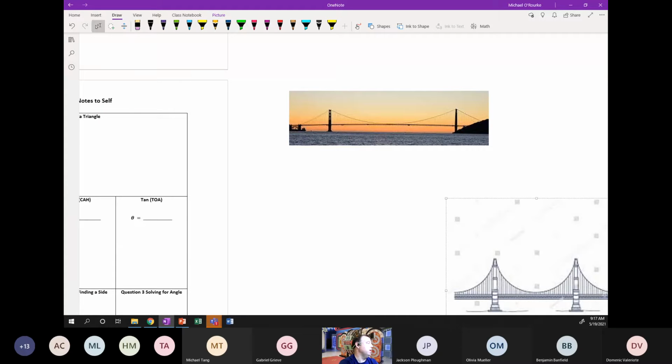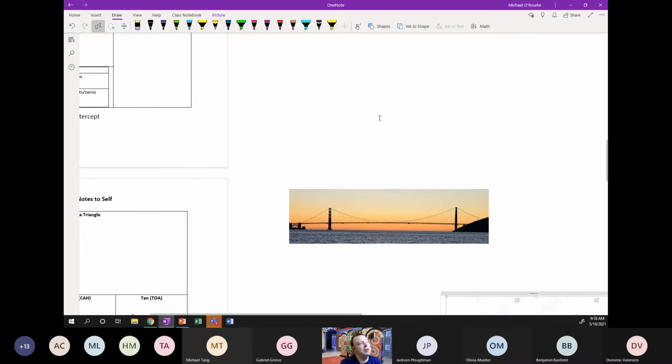They're really strong. The flight of a ball is always a parabola. If you throw a ball up in the air, as long as it's not vertically straight up and down, if you kick a football or throw a football, anything like that, it's going to make a parabola. So flight of a ball. If I were to jump off a cliff, it's a parabola, and things along those lines.